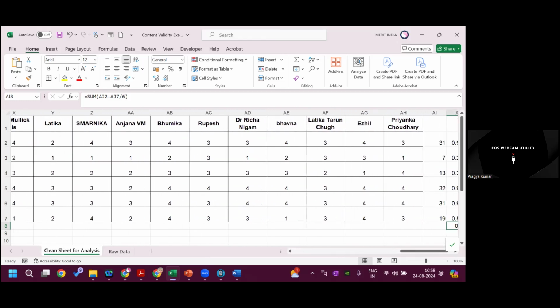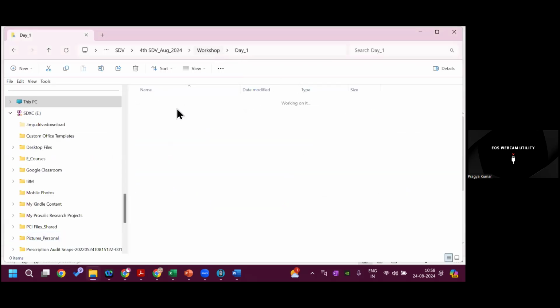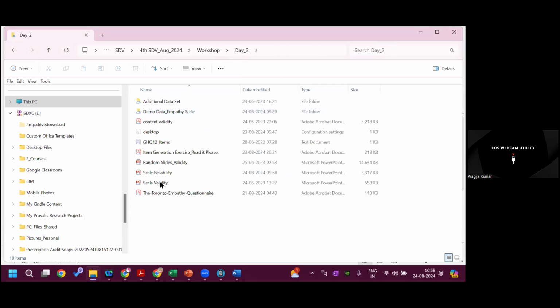So basically in content validity, there are 2 types of content validity. Let me open the slide before I tell you this exercise. I think it is in day 2 now. Day 2, scale validity.